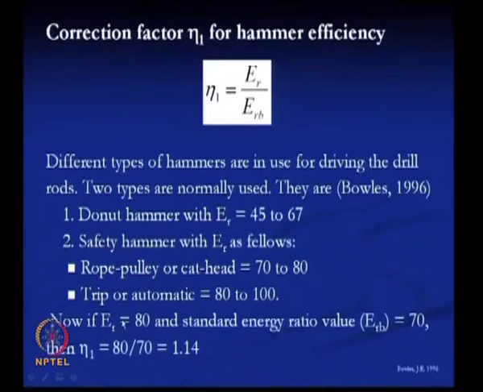If the ER value is 70 and the standard is 70, then this correction factor will simply be 1. In this fashion we can correct the N value at any energy ratio condition, depending upon the type of hammer we are using.